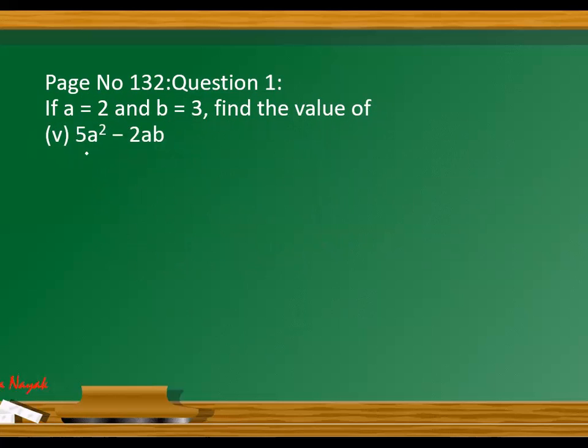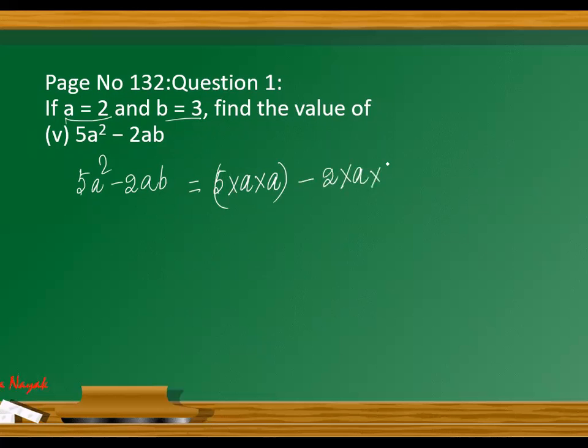Next, a value remains same, b same. This is the fifth part. 5a squared minus twice ab. So I am leaving some parts for you so that you can develop problem solving. You can solve yourself. So this will be 5, a square means a multiplies a. So first is complete. Then minus 2 into a into b. 2ab is 2 multiplies a multiplies b.